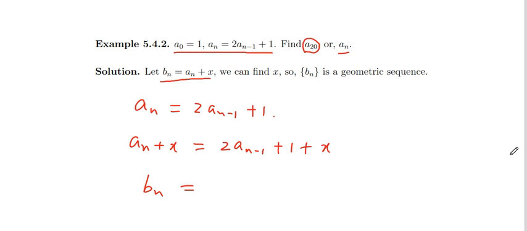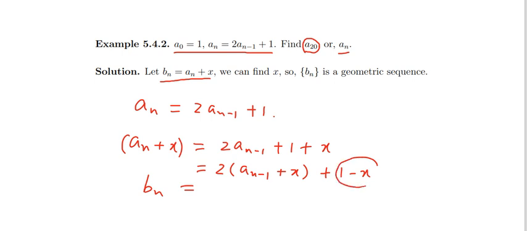So we regard this as 1. This should be 2 times (a_(n minus 1) plus x), and what remains is 1 minus x, right?